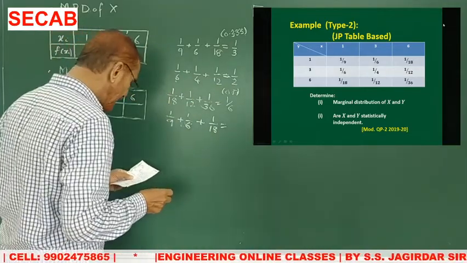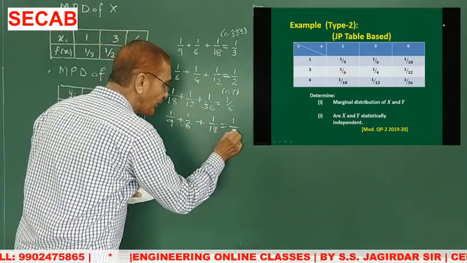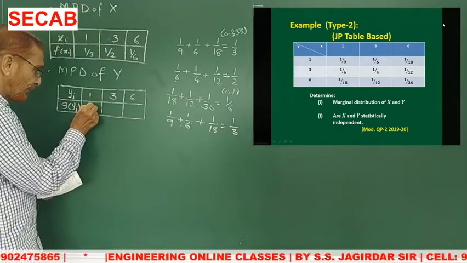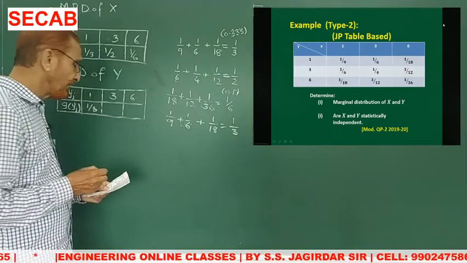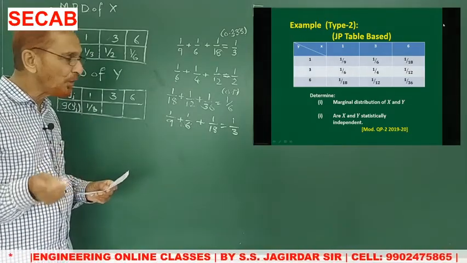When you add, you will get 1 upon 3. So 1 upon 3 is the marginal probability of y when its value is 1.